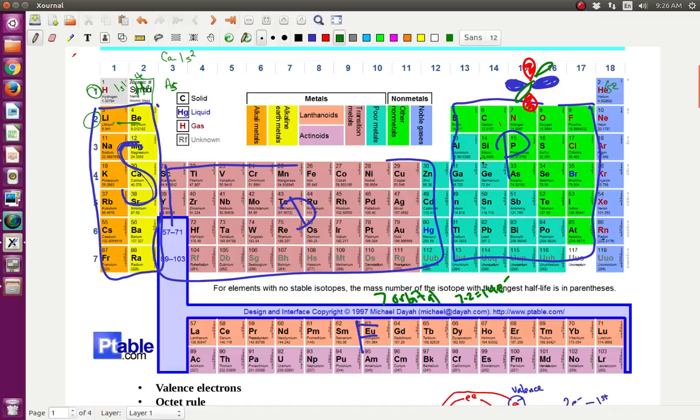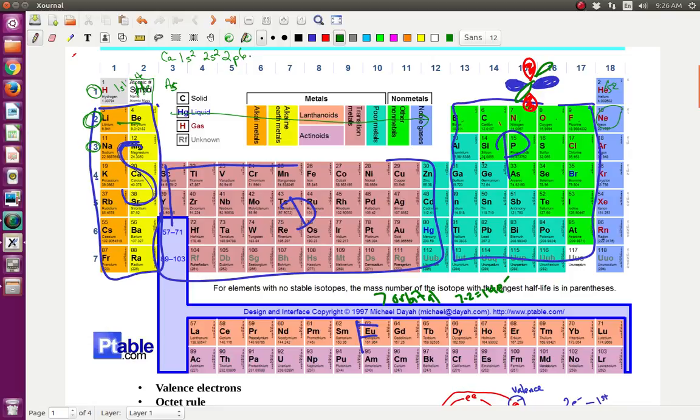Now we're down to the second energy level, and it goes 2s1, 2s2. We go straight across to the opposite side. We're still on energy level 2 because that's the principal energy level, but now we're in the P block: 2p, 1, 2, 3, 4, 5, 6, 2p6. That got us to there, and we go down to the third energy level.